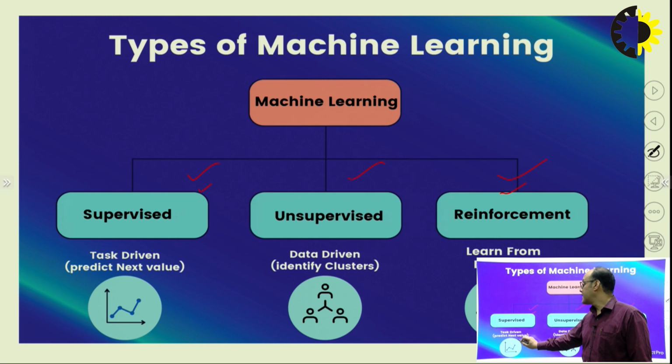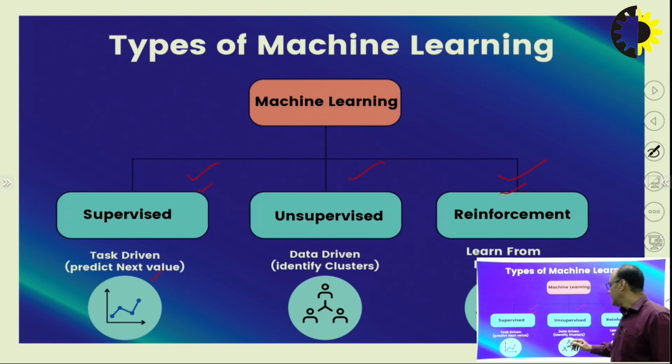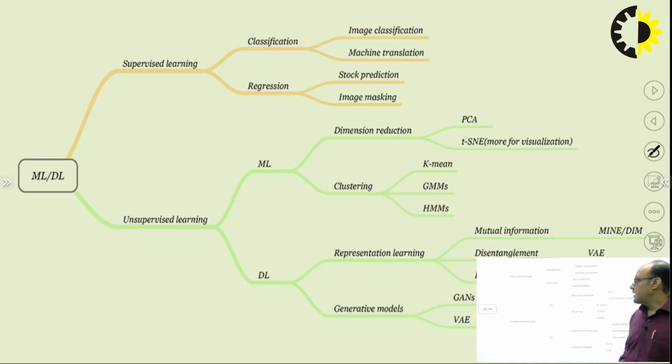Supervised means predict next year. We are going to predict the next level on the basis of knowledge, right? Unsupervised means data driven. Input is given, we do not know what output is going to come. That is, identify clusters. And reinforcement means learn from mistakes, right?